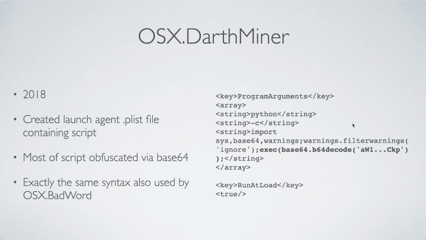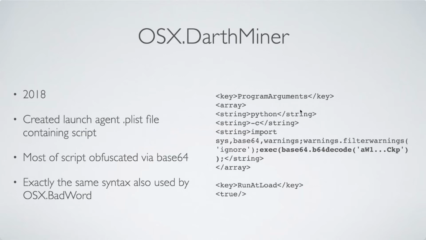Another example here was Darth Miner. This was a malicious piece of malware that was disguised as a cryptocurrency miner. And it actually would do some mining, but it would do it not for the user, but for the creator.